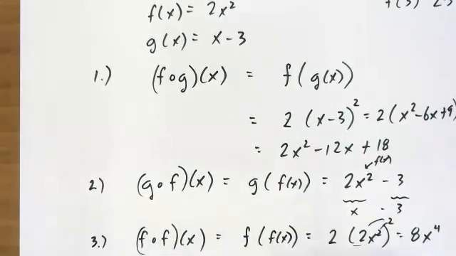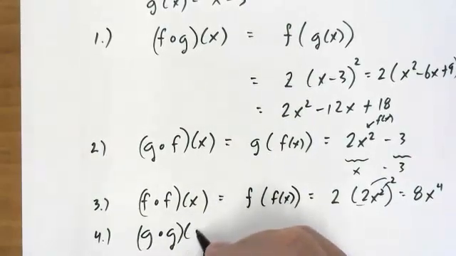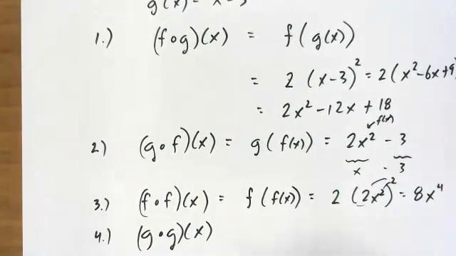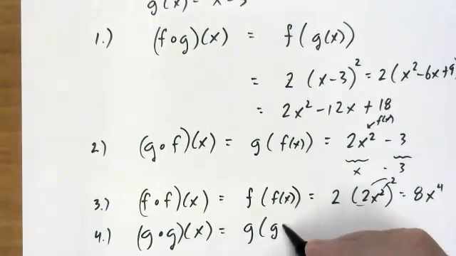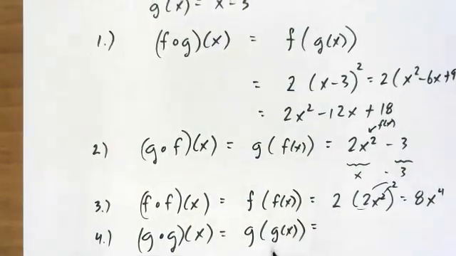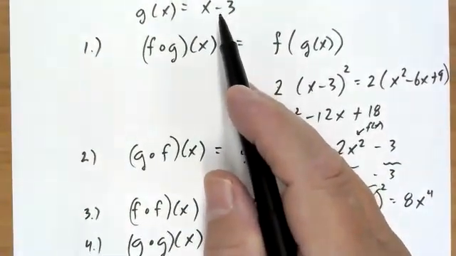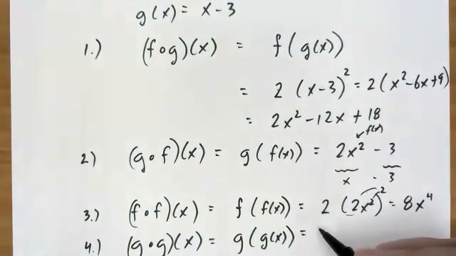And then just to finish things off, they give you one last, g composite g of x. So once again, that's g of g of x. So my g function is x minus 3. So instead of x, I'm going to replace it with the g function.